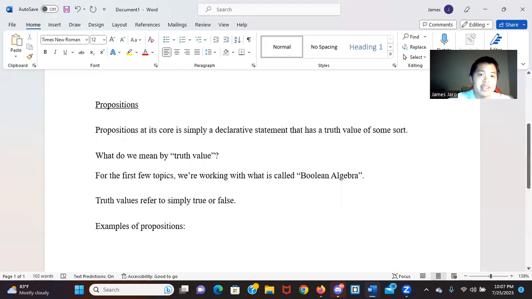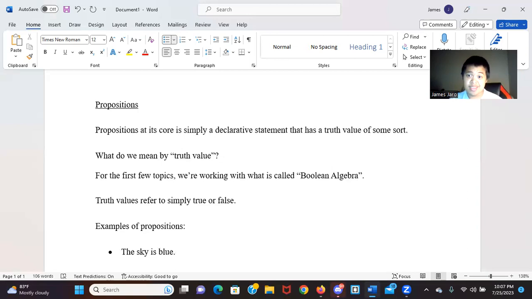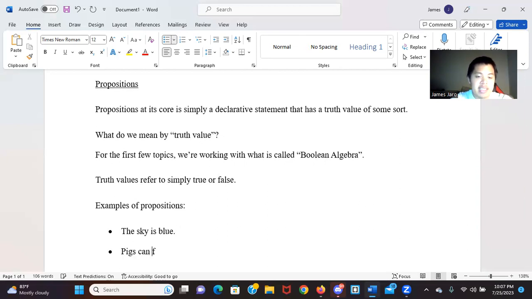We could say the following: the sky is blue. That is a declarative statement that has some sort of truth value, because it's either the case that the sky is blue or the sky is not blue. So that's an example of a proposition. We could say pigs can fly.